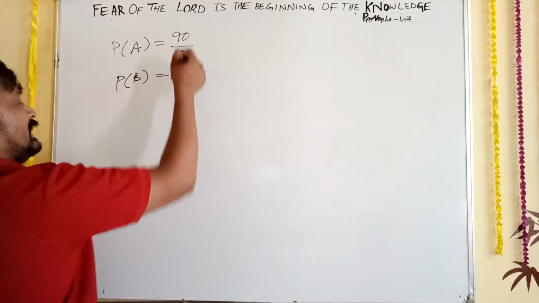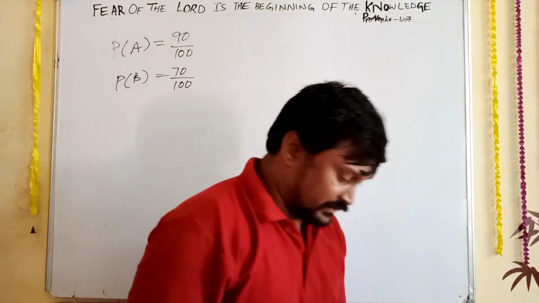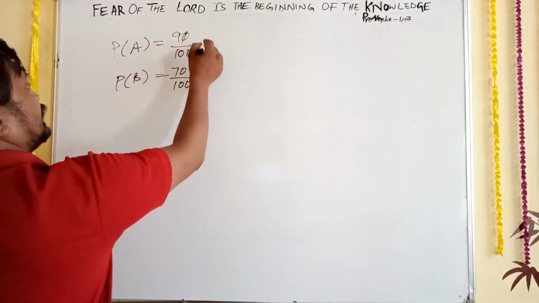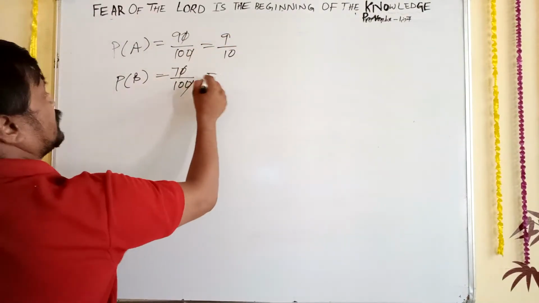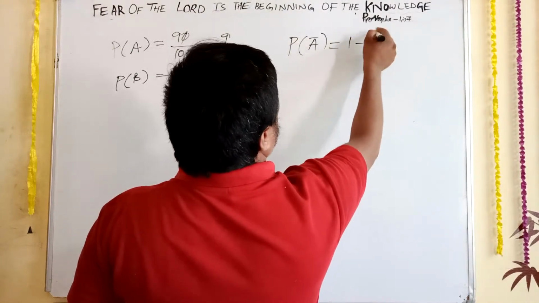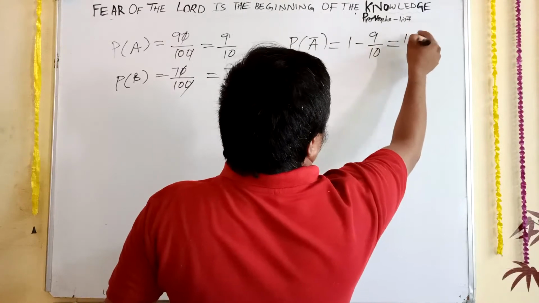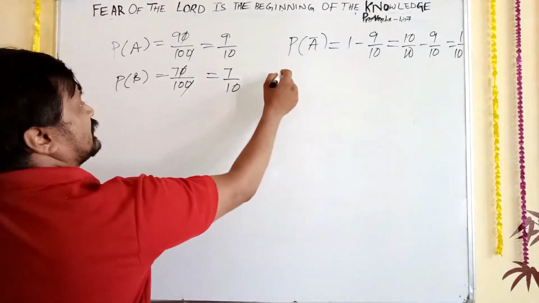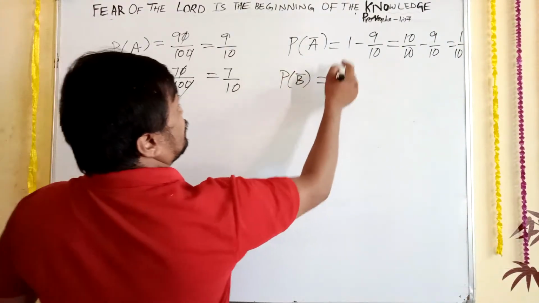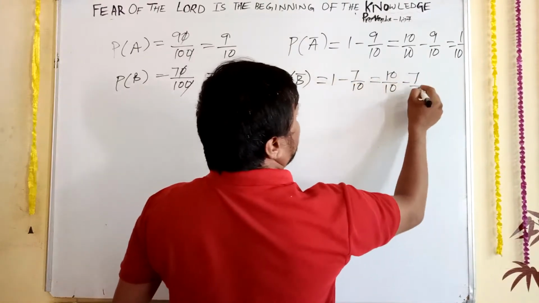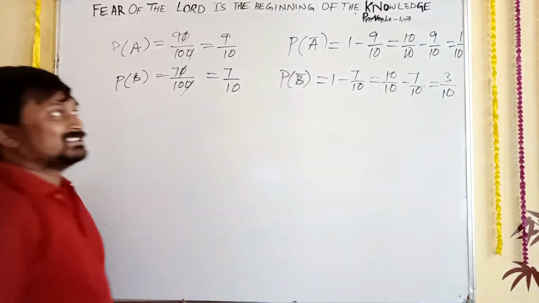If you want to cancel, you can cancel the zeros: 9 upon 10, 7 upon 10. P of A naught also find: 1 minus 9 upon 10, that is 10 upon 10 minus 9 upon 10, equal to 1 upon 10. Same method, P of B naught: 1 minus 7 upon 10, that is 10 upon 10 minus 7 upon 10, 3 upon 10.